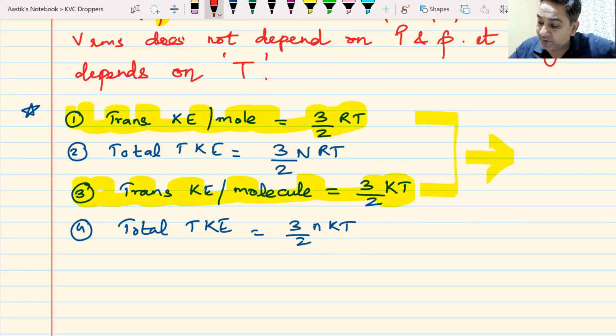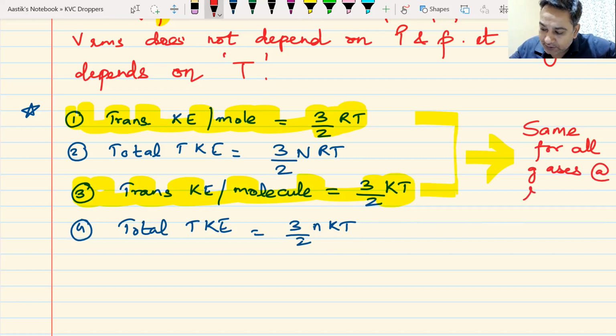These two quantities will be same for all gases at same temperature. Do we understand this?